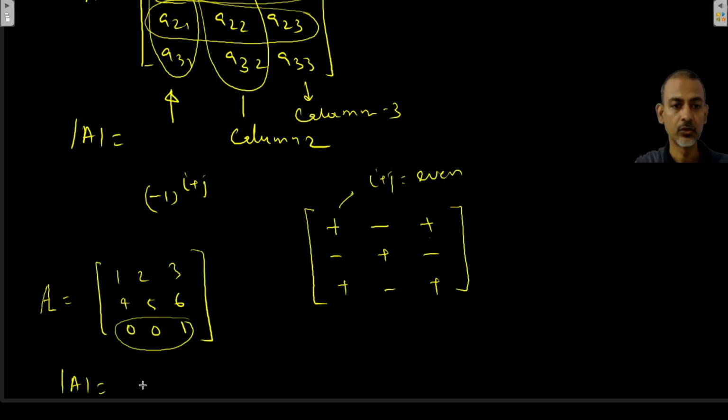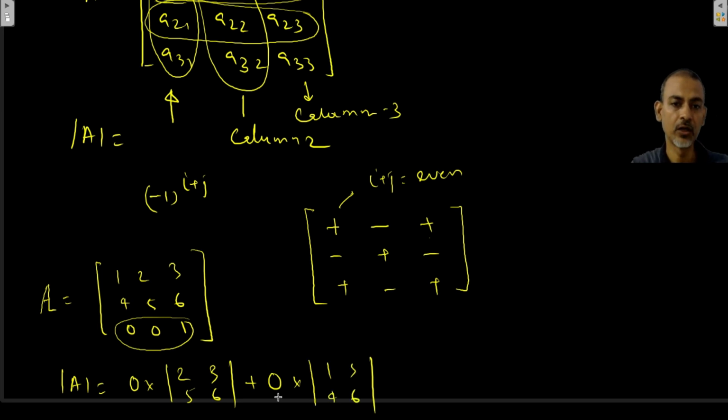Why? Because you can see, if you have to calculate the determinant of A, when you are expanding along this one, you can just write 0 and 2, and then whatever the value, 2, 5, 3, 6. Multiplying by 0 will return 0. Again, this one, plus or minus whatever, 0, I know that it should be minus, so 0. And then again, if you take this, it will be 1, 4, 3, 6, but you don't have to write it because you know that multiplying with 0 will return you 0.